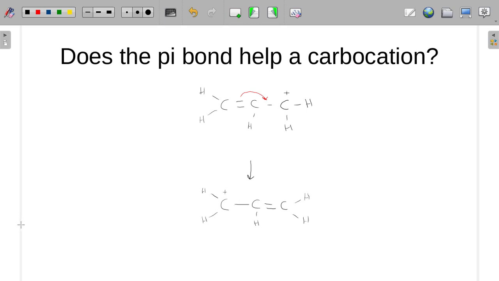All right, notice what happened though? That resonance contributor actually has now moved the carbocation from just being on one carbon to being on a second one. That definitely will actually make the carbocation more stable. So even though this is still a primary carbocation, it's actually primary allylic because these two actually go back and forth.